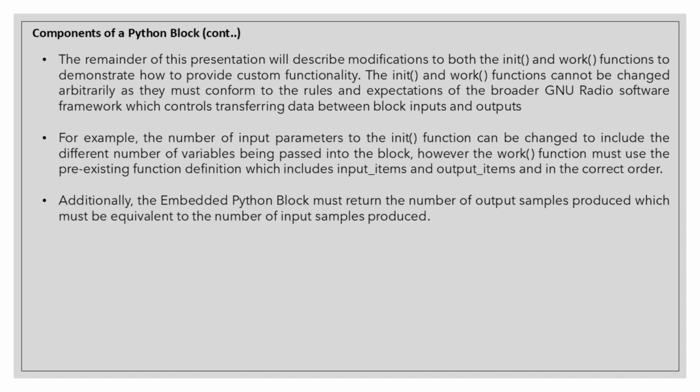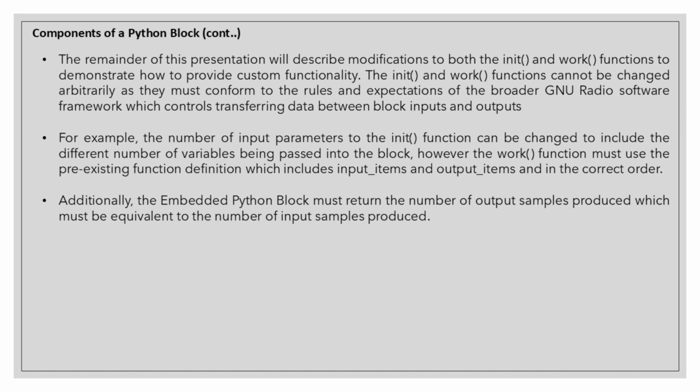Components of a Python block continued. The remainder of this presentation will describe modifications to both the init and work functions to demonstrate how to provide custom functionality. The init and work functions cannot be changed arbitrarily as they must conform to the rules and expectations of the broader GNU Radio software framework, which controls transferring data between block inputs and outputs.